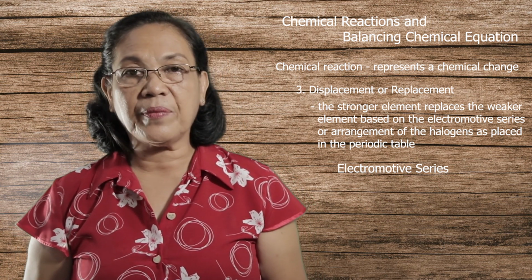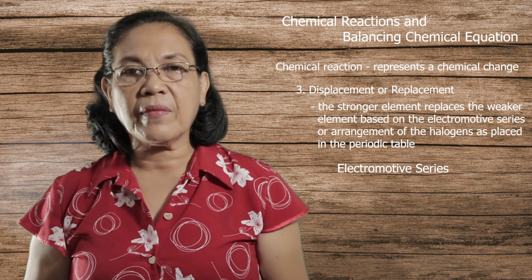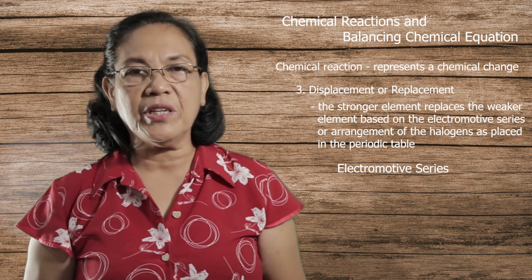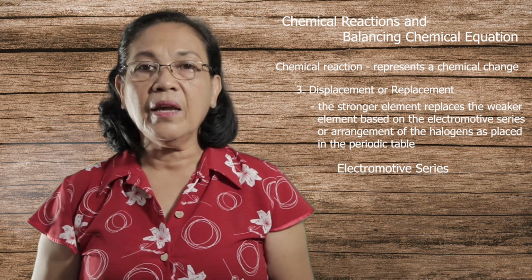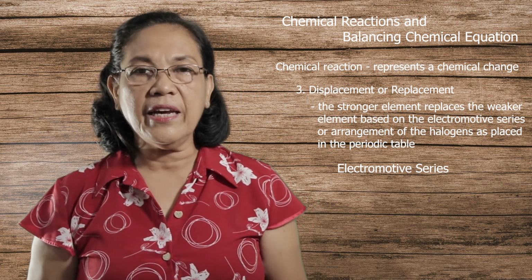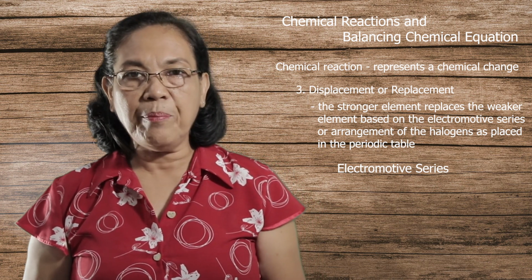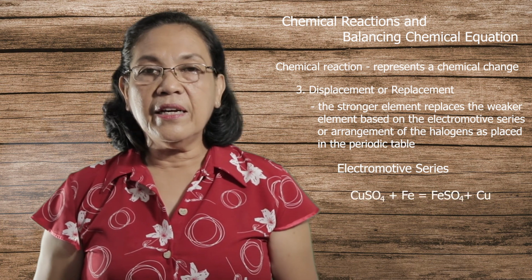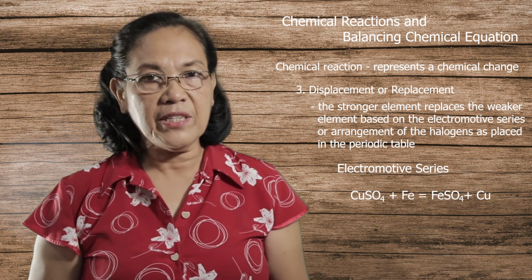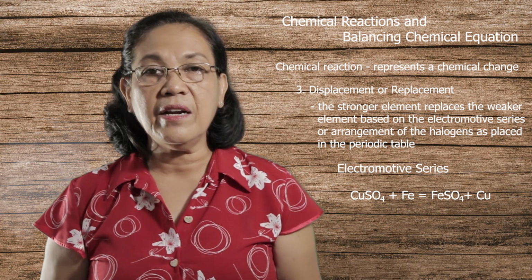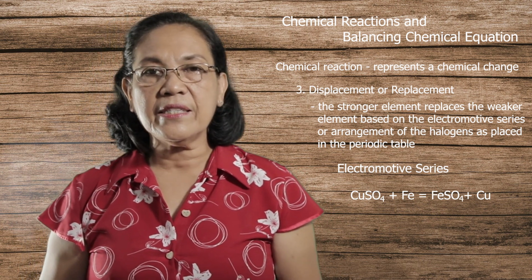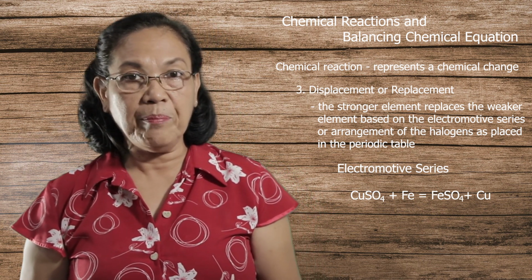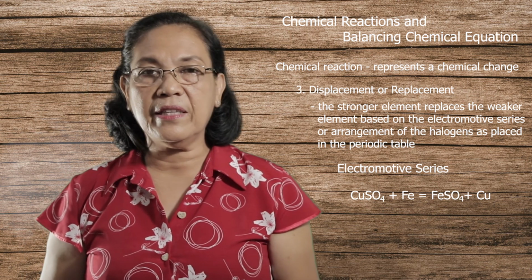For example, if we have a chemical reaction between the iron nail and the cupric sulfate, take note, if you have the list of the electromotive series there, the iron is higher than the copper of the cupric sulfate.